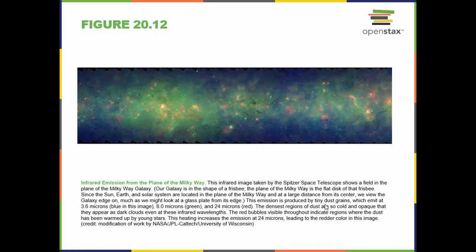Since the Sun, Earth, and solar system are located in the plane of the Milky Way at a large distance from the center, we view the galaxy edge on, so it's like looking at the edge of the frisbee. The image is produced by tiny dust grains which emit at 3.6 microns in the blue image, 8.0 microns in the green image, and 24 microns in the red image.